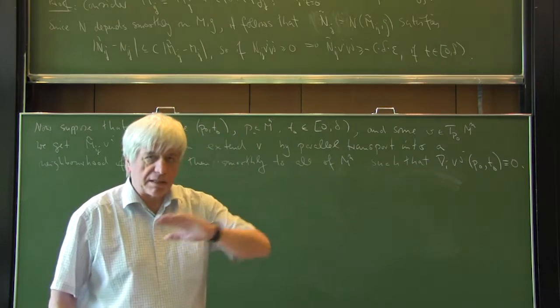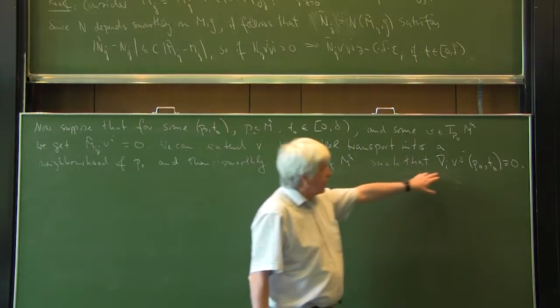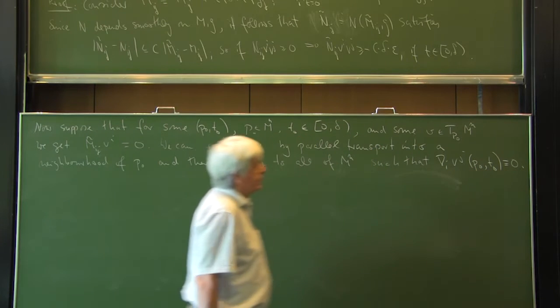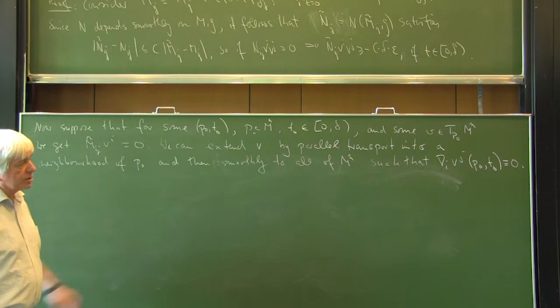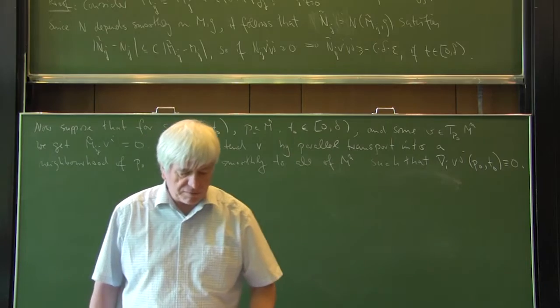Okay? That's the parallel transport with respect to the metric at time t0, so you can make the derivative in all directions of the vector field at this one point at that moment in time equal to 0.